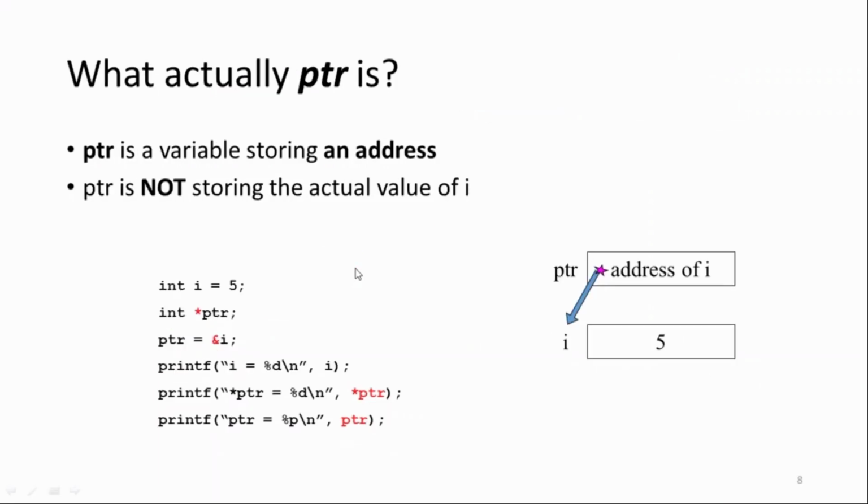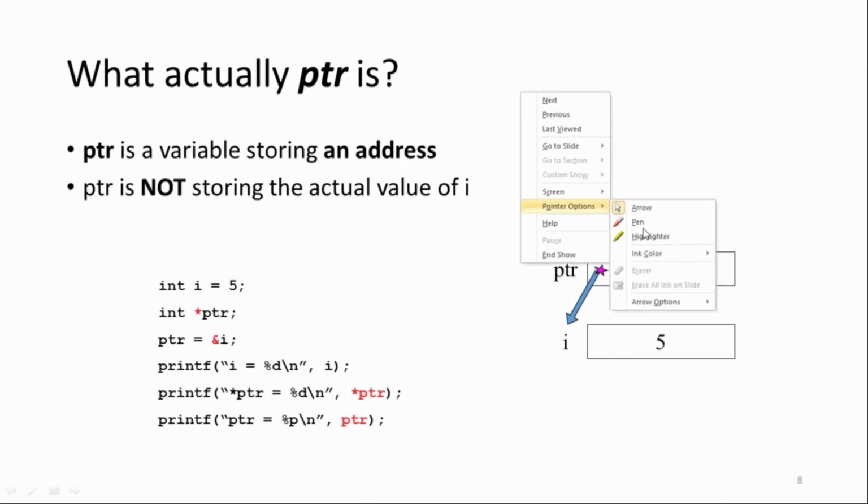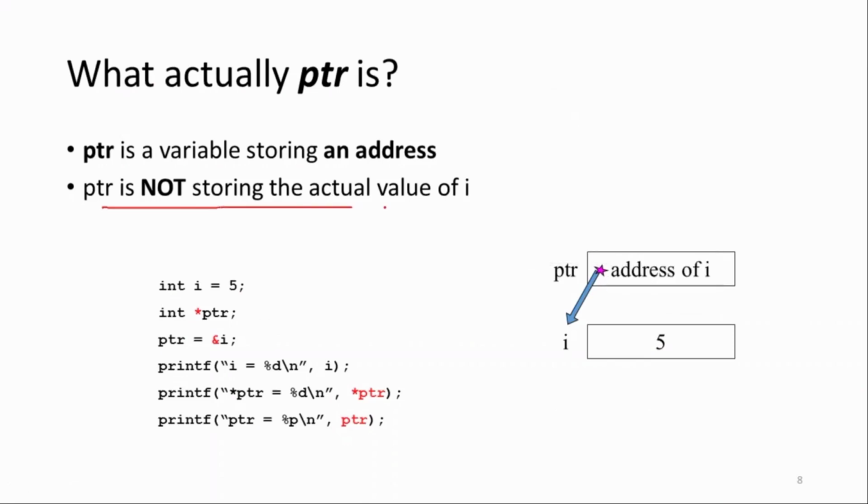And what actually is ptr? ptr is a variable storing an address. ptr is not storing the actual value of I. So here int I is equal to 5. We are initializing the value of variable I, which is 5. Then int pointer ptr. printf I is equal to %d of I, and printf pointer ptr is equal to %d.